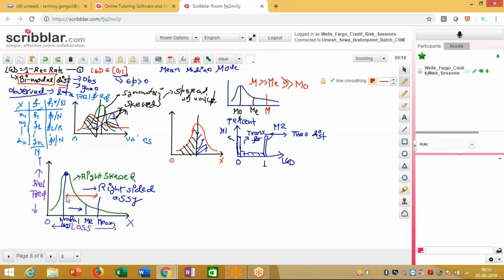This shows that there is some kind of impact of some values which has drawn the mean value very far from the modal values. So we need to understand what that part is. That part is the presence of certain extreme values in the form of tail end losses of the bank, which is this part.